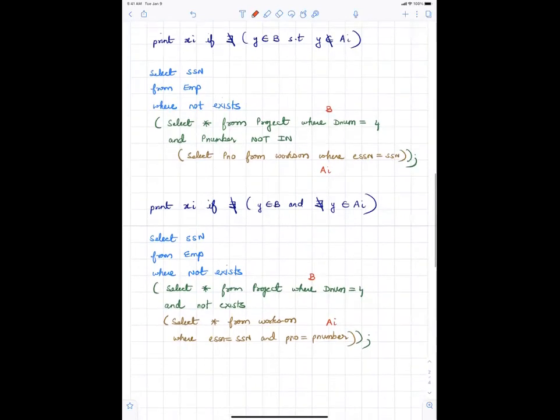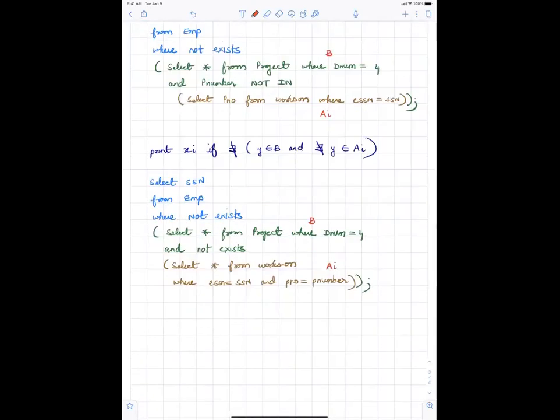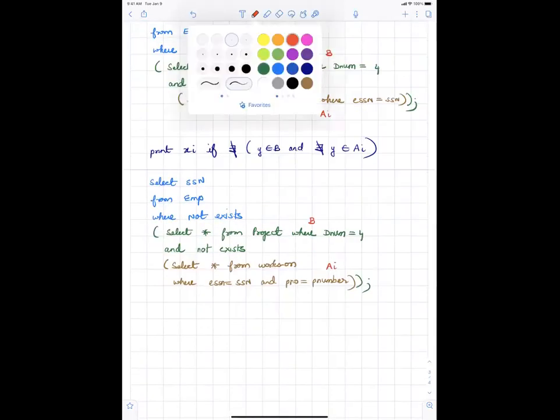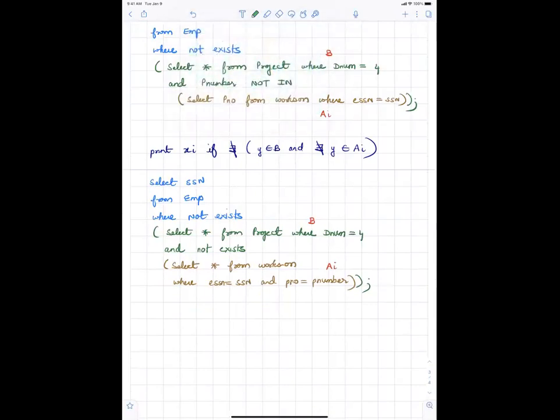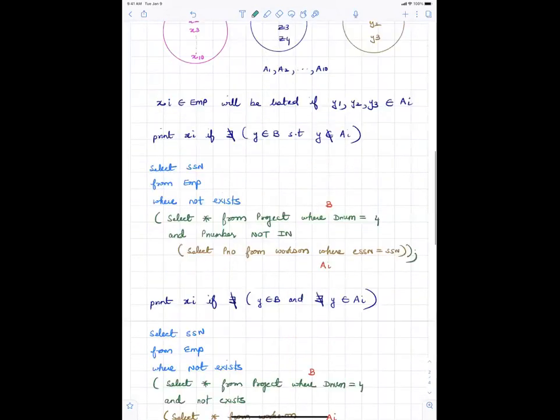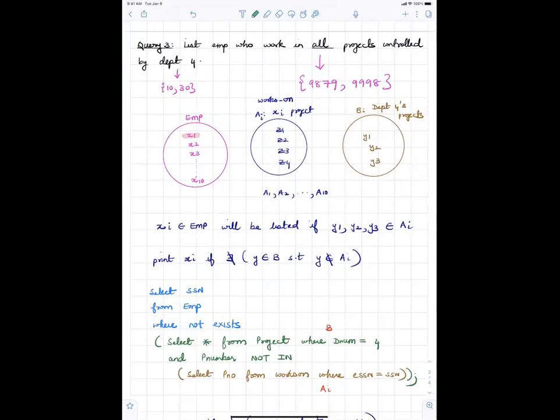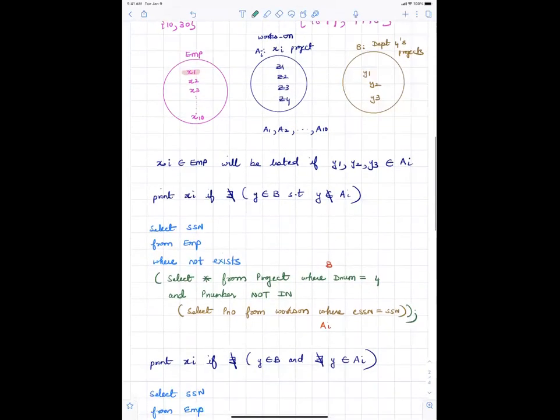So I hope you understood it. And I want to write a question and see if you can at least think about it. For this particular query, by the way, the answer is going to be 9879 and 9998, because those are the only two in the company database that work in all projects controlled by Department 4.